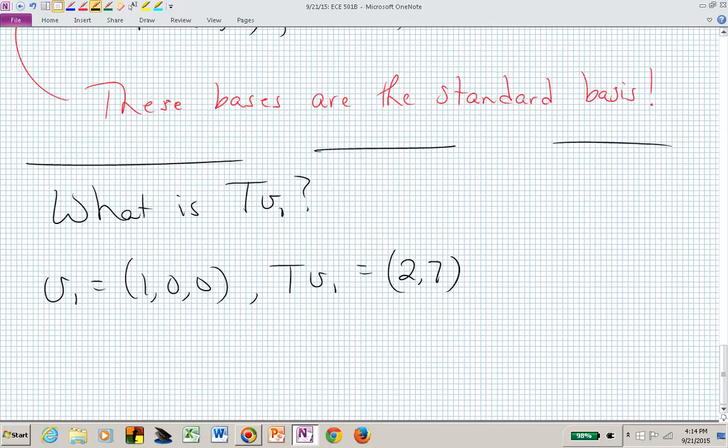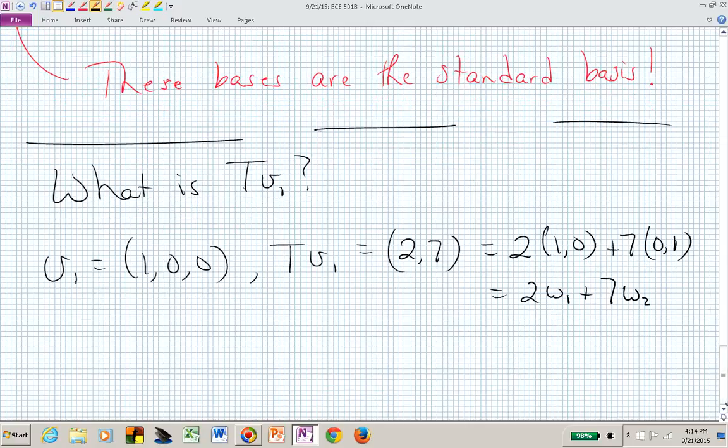TV1 is 2, 7, but how is that made from our basis vectors in the codomain? Well, that's actually 2 times W1 plus 7 times W2. It looks trivial, but this becomes a little bit more interesting or useful when we have the non-standard basis vectors being used.